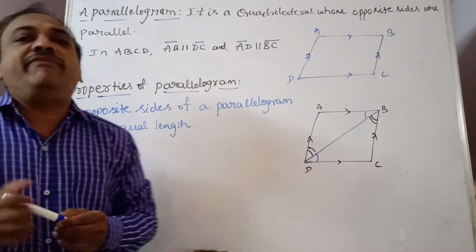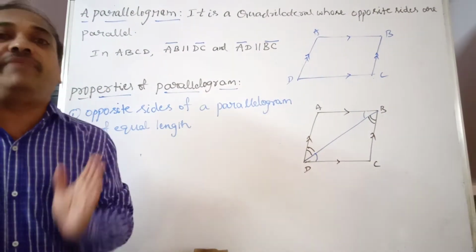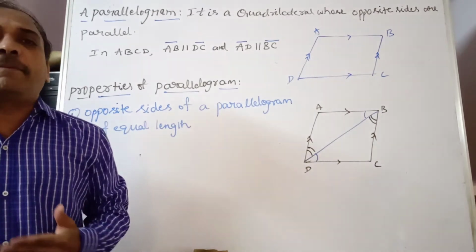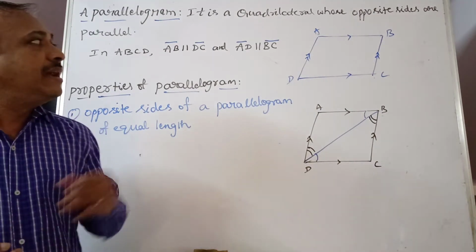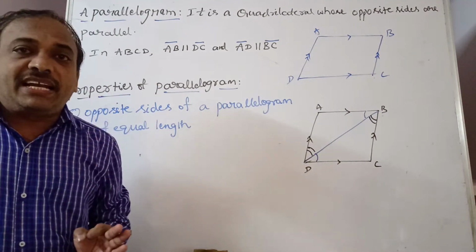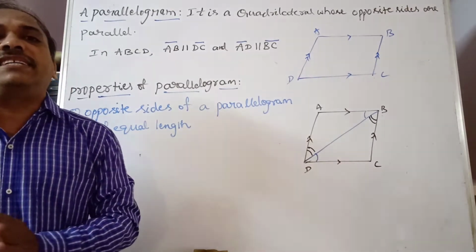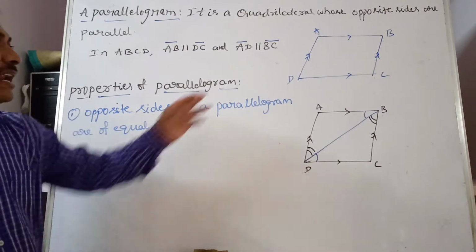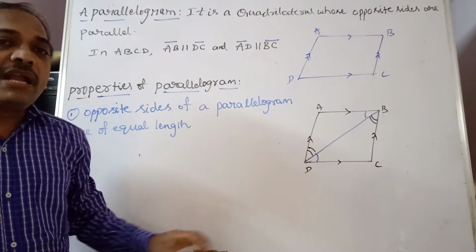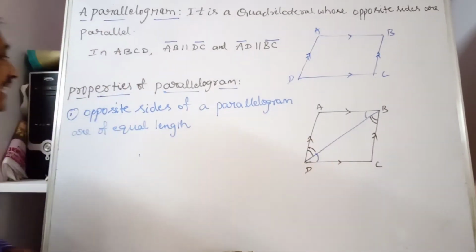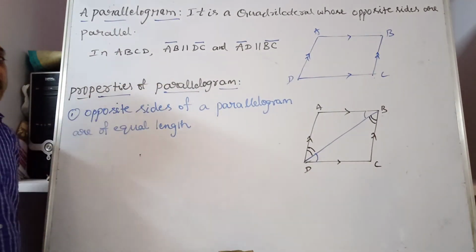If you have any figure like this, a quadrilateral in which opposite sides are parallel, then it is called a parallelogram. This is a parallelogram. Now we are going to discuss the properties of a parallelogram.